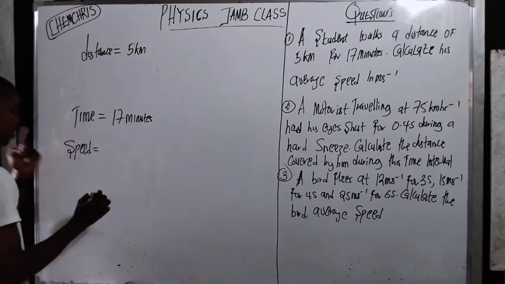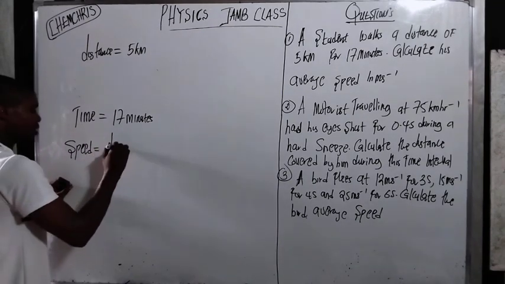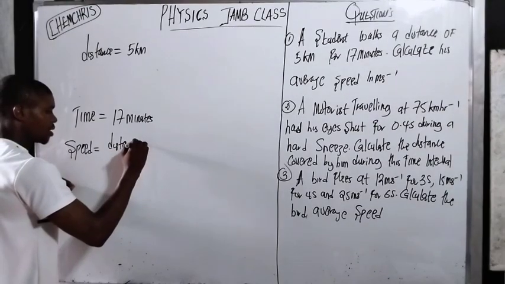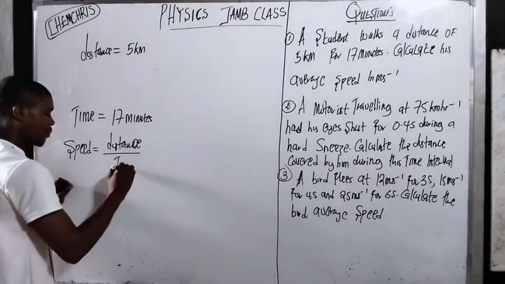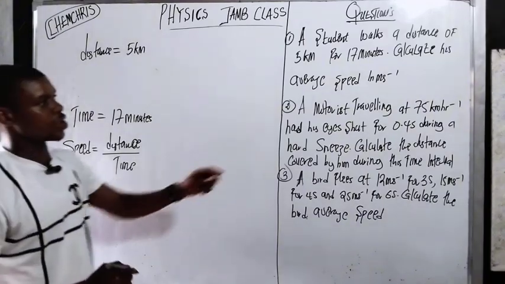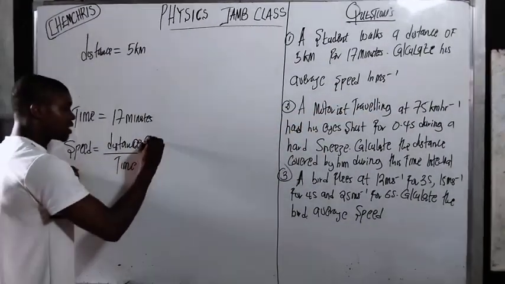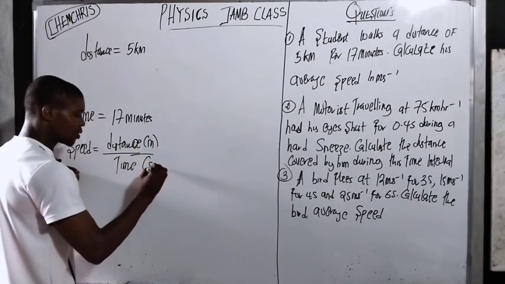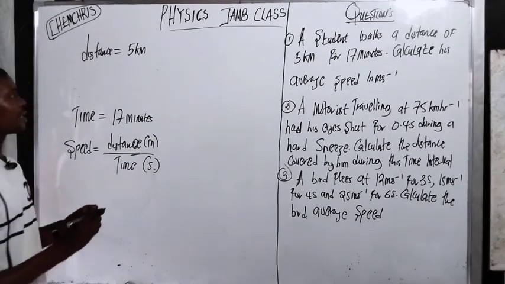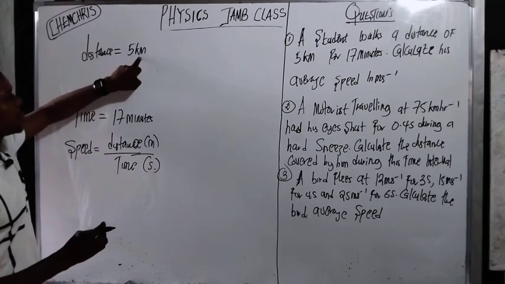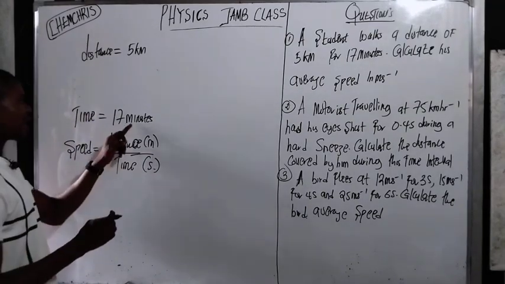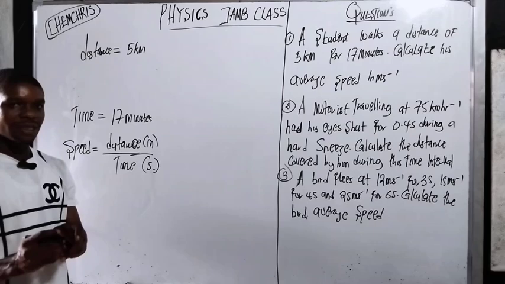Remember, speed equals distance covered over time. But they say it should be in meters per second, so distance must be in meters and time must be in seconds. They gave kilometers instead of meters, and minutes instead of seconds.